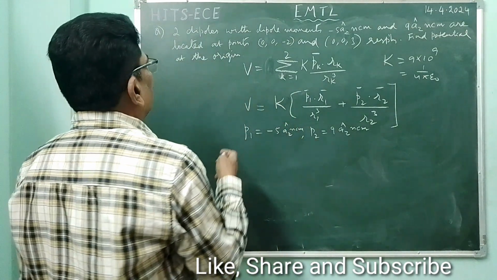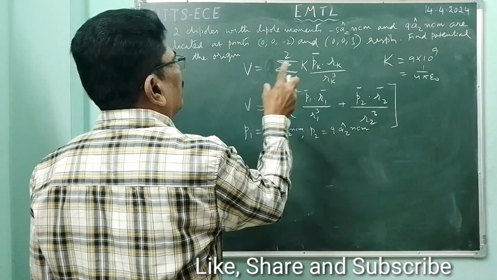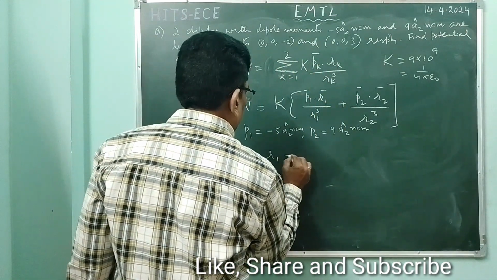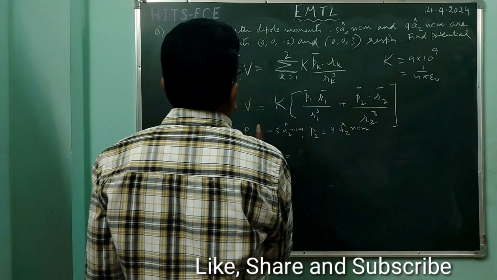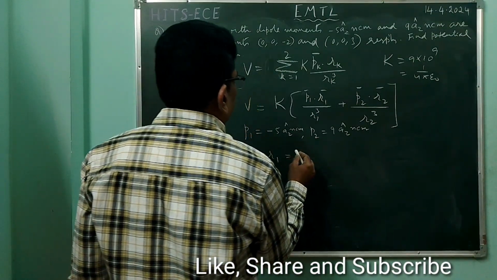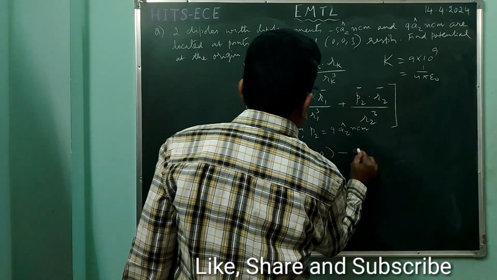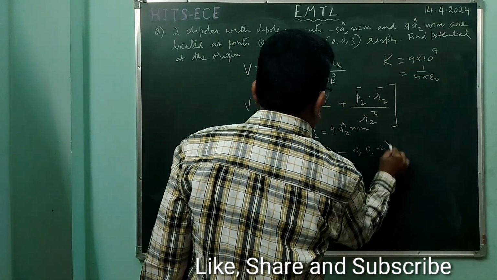R1 is the distance between P1 and the origin, so R1 is (0, 0, 0) minus (0, 0, minus 2).